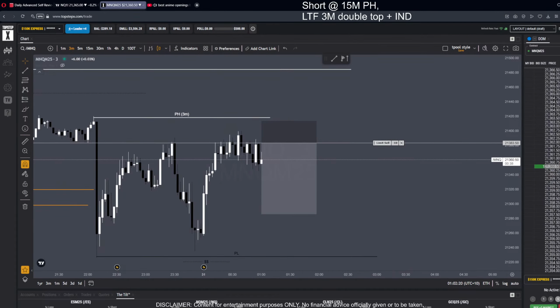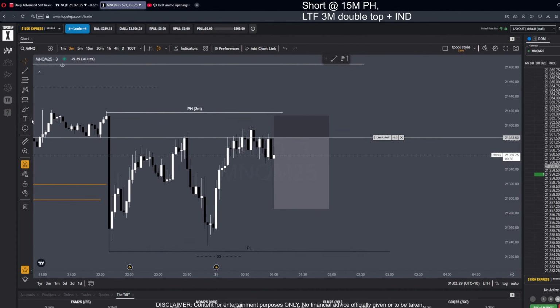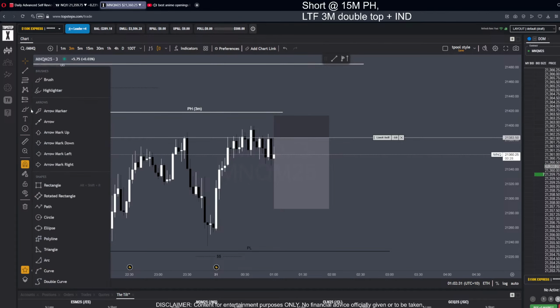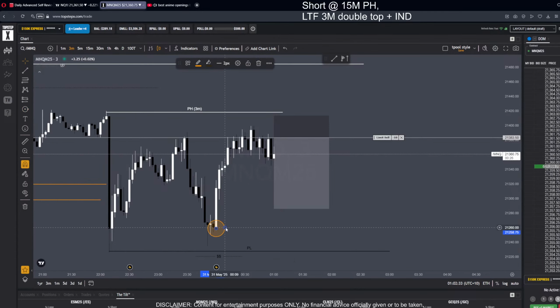I don't really need to force this trade. As you can see, it's struggling to break out of this section, so we can target this point of interest here. If price does choose to come up and tap us in, if not, no stress. It is what it is.